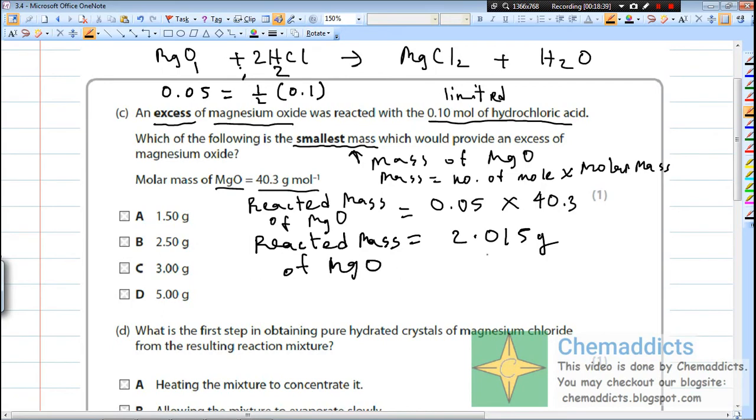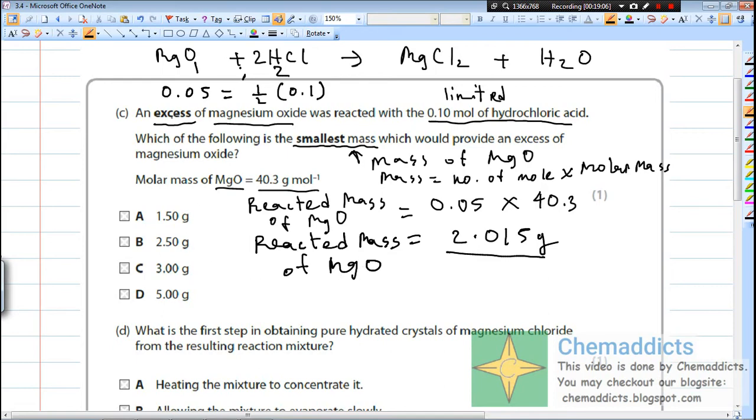We're going to take the value that is close to this value. We will choose such a value that should be close to this value. Since this is not the excess one, this is the most accurate mass of magnesium oxide that would react with hydrochloric acid. So this is the reacted mass of magnesium oxide.